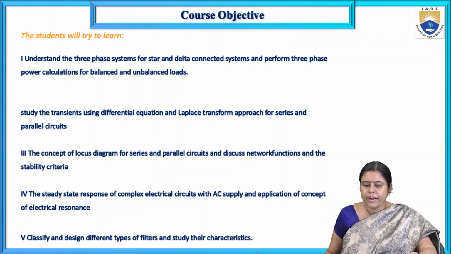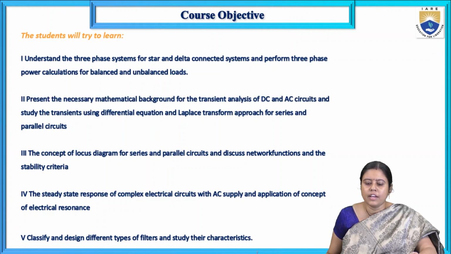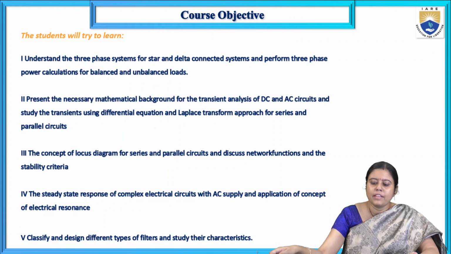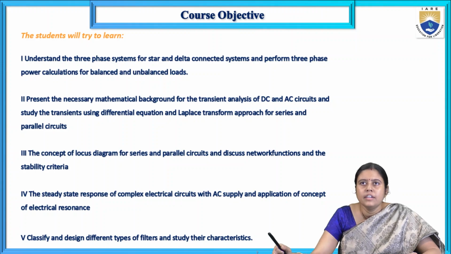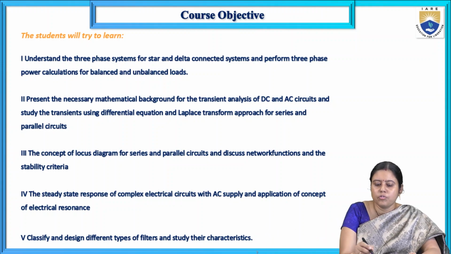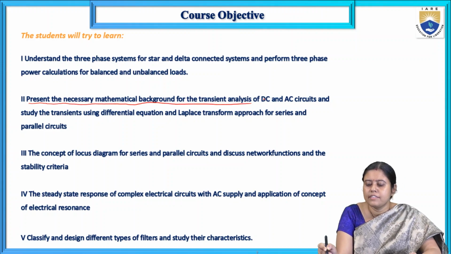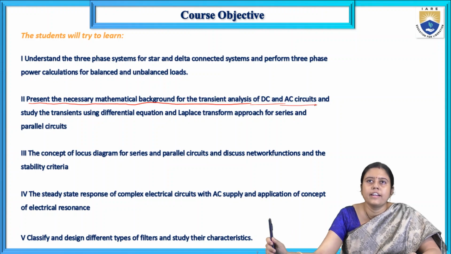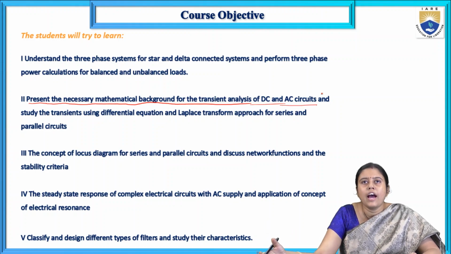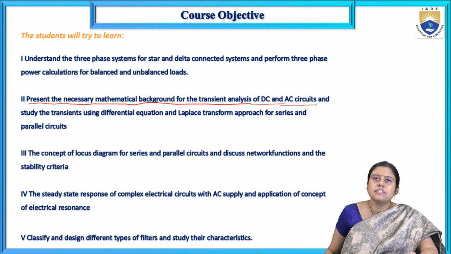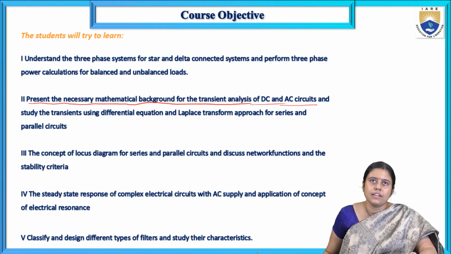So today my topic is based on the necessary mathematical background of the DC and AC circuits, basically the mathematical background of the transient analysis of AC and DC circuits, and today I will start the basics of the networks. So these are the objectives of my class.